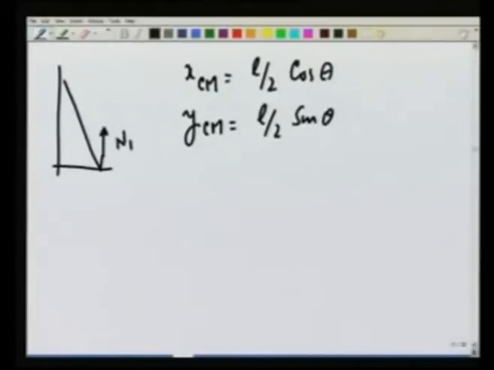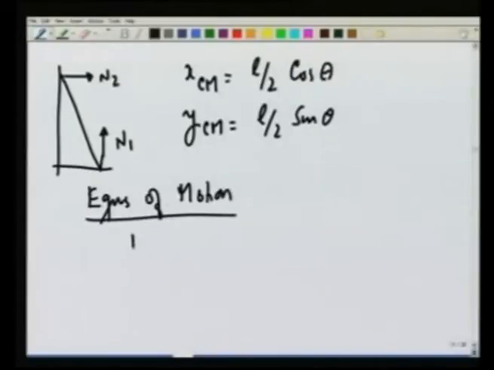So for this ladder, I have x cm is equal to L over 2 cosine of theta, and y cm is equal to L over 2 sine theta. This is N1, this is N2. How about equations of motion? The mass of the ladder times x cm double dot is obviously going to be N2.